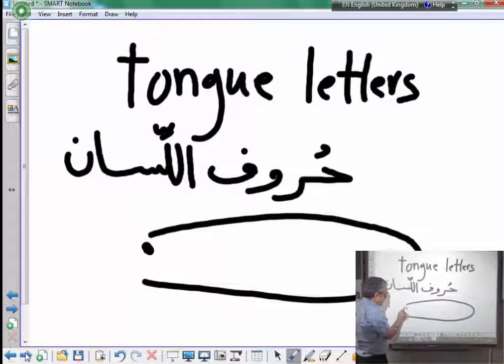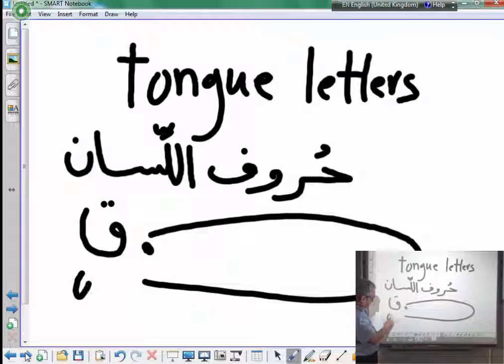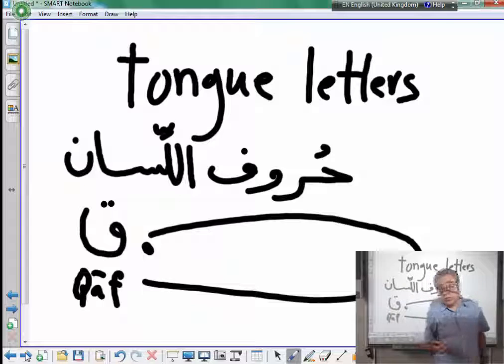The first one is like this. We call it Qaf. That's the name of the letter, Qaf. But to pronounce it I use the same tool, the same letters. I will say iq. I want you to pronounce iq.